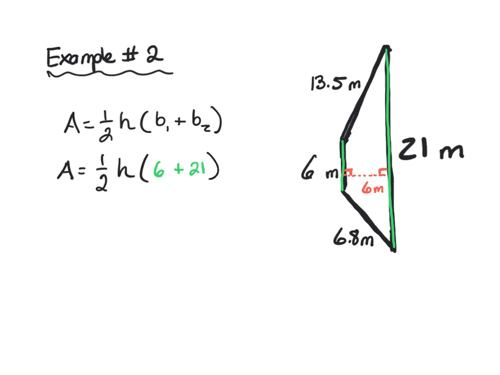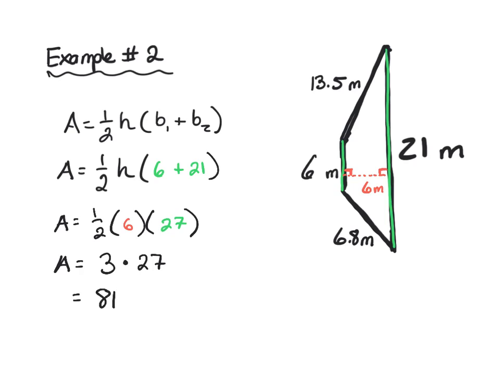So we can continue. Area equals 1/2 6. And now plus 6 plus 21, which is 27. So I can continue. I can just work this and simplify this further. Area equals 1/2 of 6 is 3 times 27. And that will give me 81 meters squared.